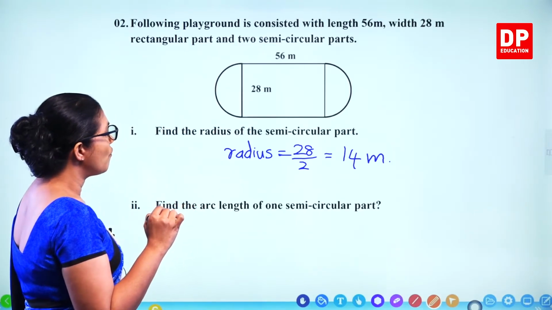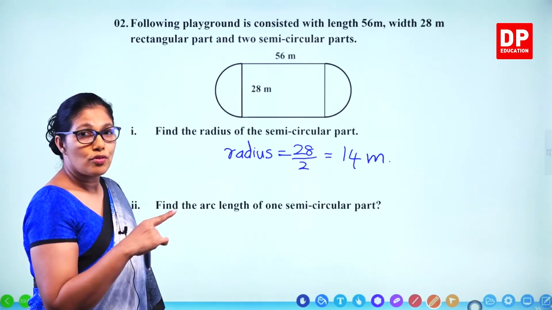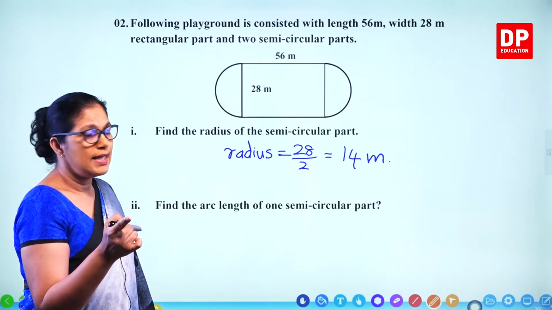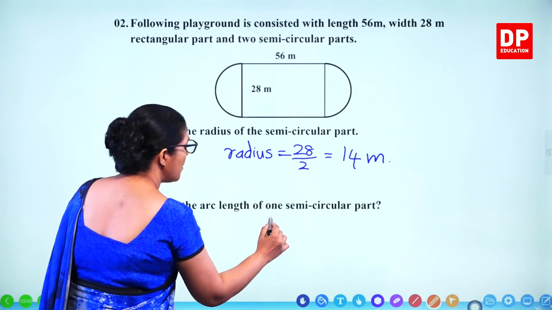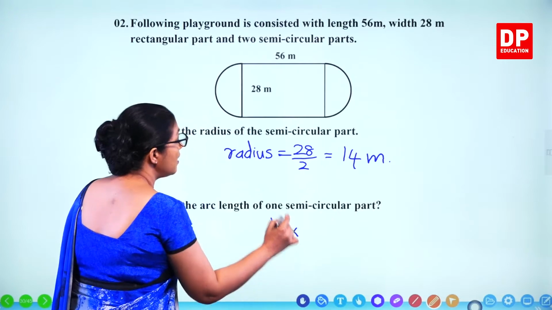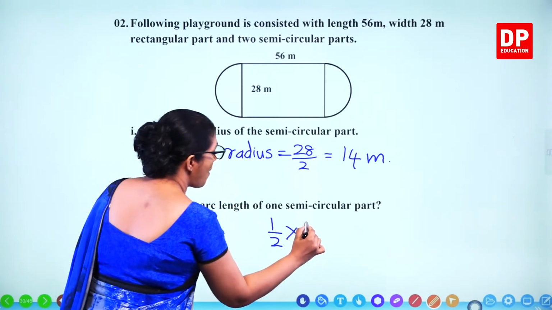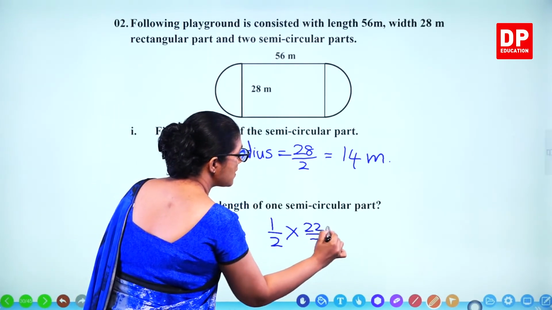Find the arc length of one semicircular part. So you can use half pi d or half 2 pi r. So I'll use half pi d because d you have. Pi you can take 22 over 7.